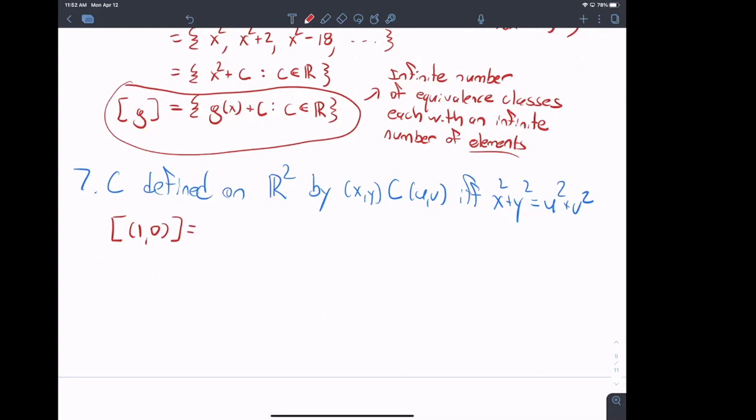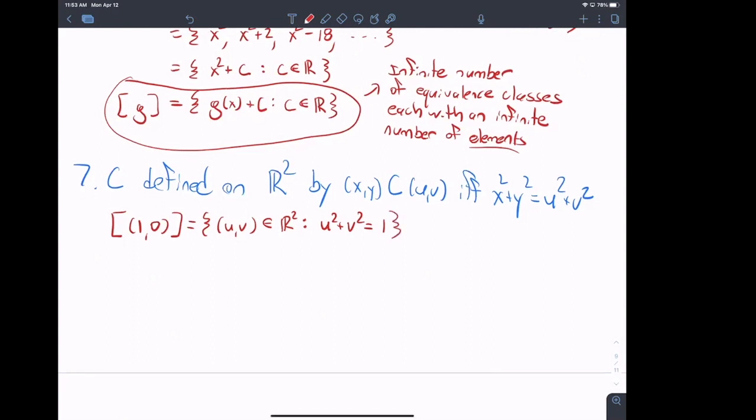So if I want to think about all of the ordered pairs that are related to (1, 0), it's going to be all of the pairs (u, v) such that u squared plus v squared is equal to 1 in this case, since that's what x squared plus y squared is. Does anyone have a better description of what this equivalence class would look like?